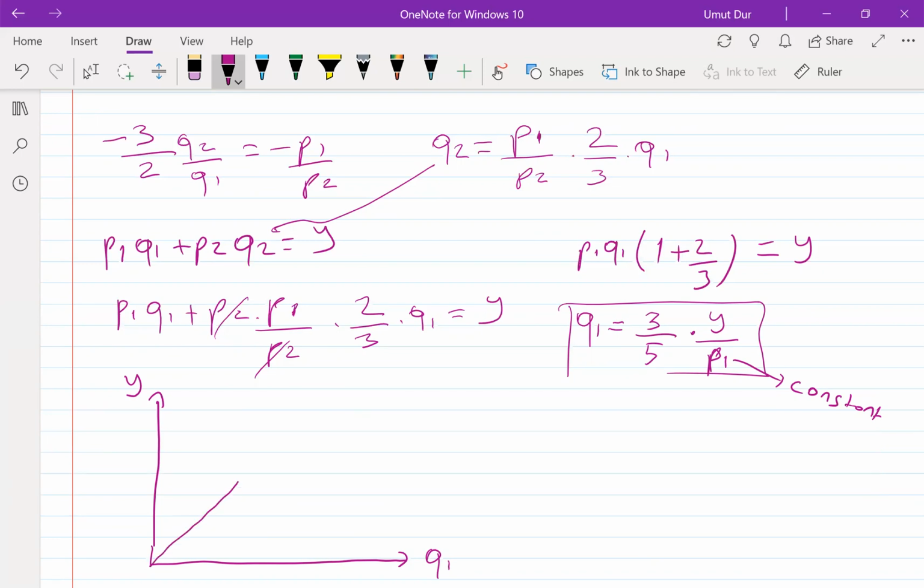It will be something like that. This is the Engel curve. Any questions?